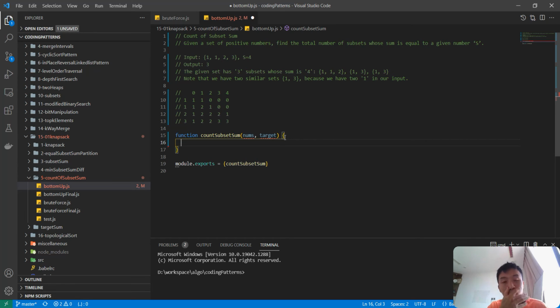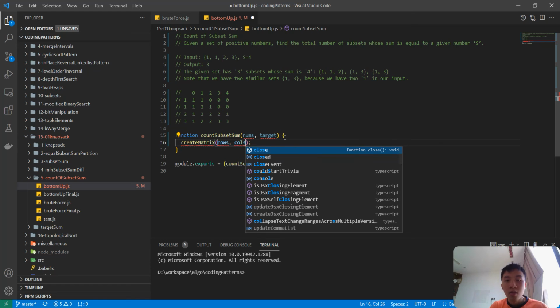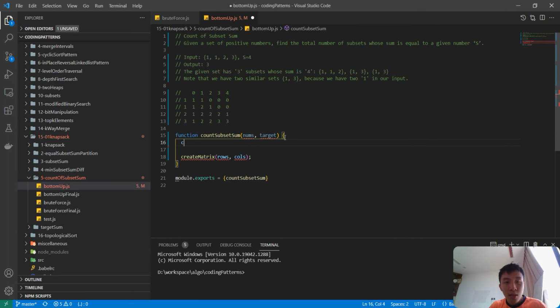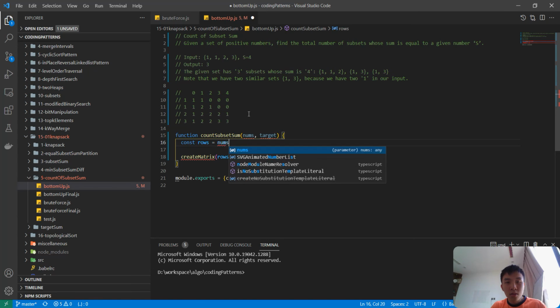For this kind of program, we need a 2-dimensional table. So I will abstract it out into createMatrix. We need to provide the number of rows and columns. The number of rows will be just the size of our input, nums.length.